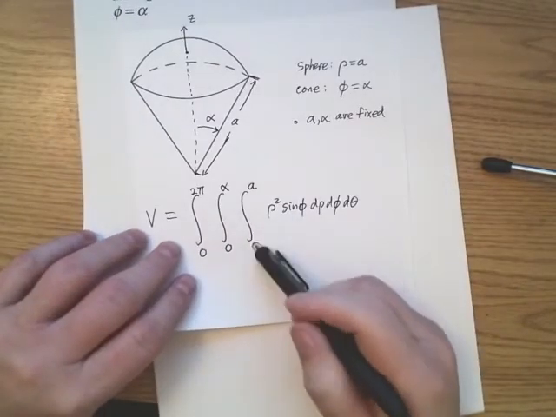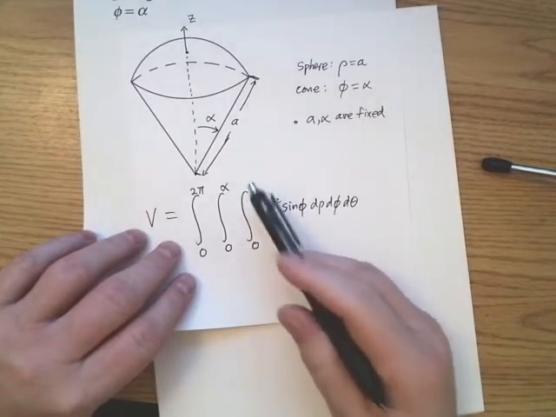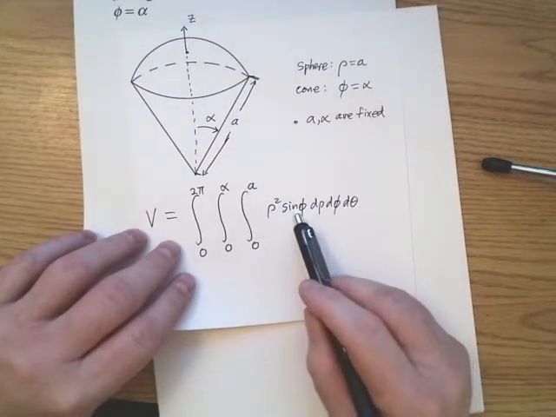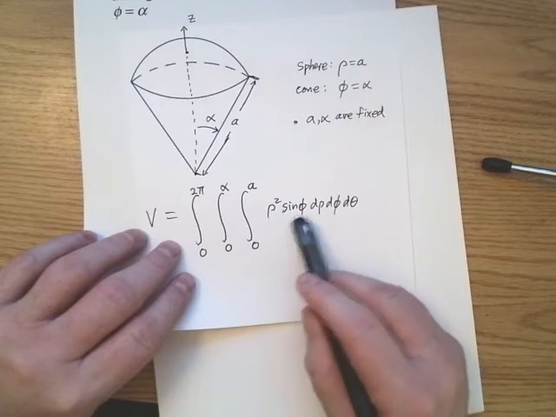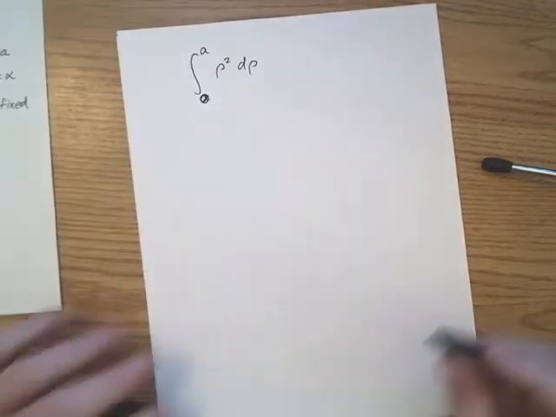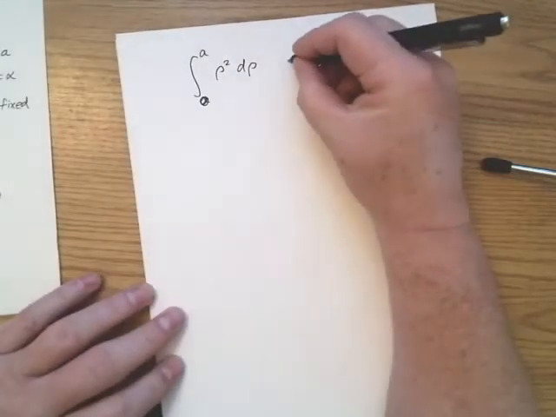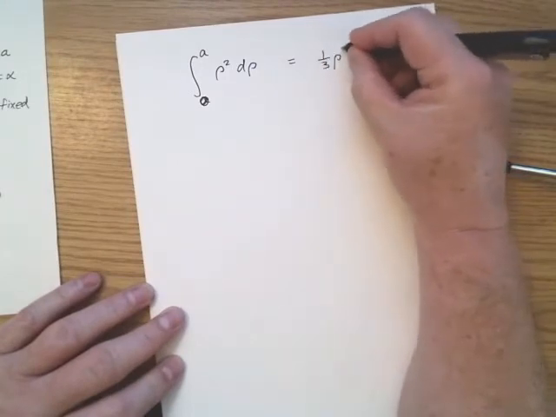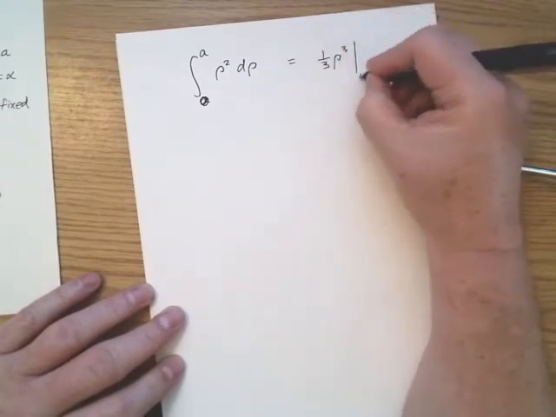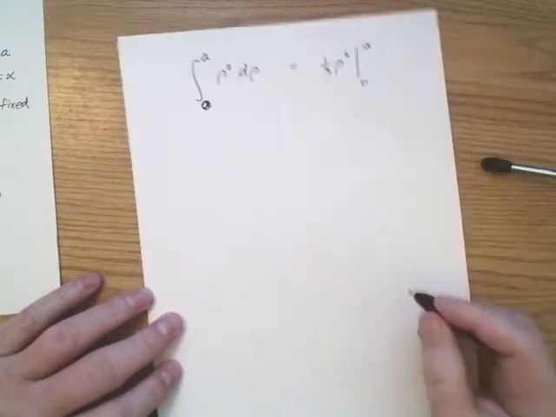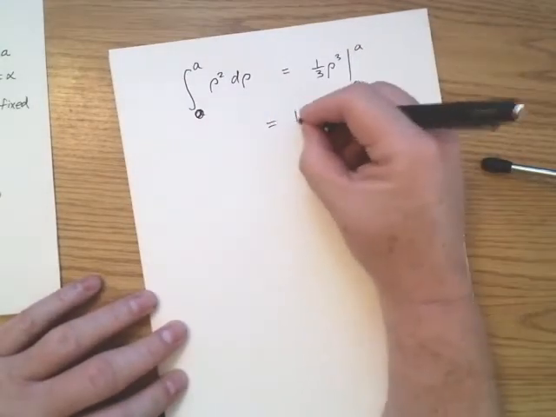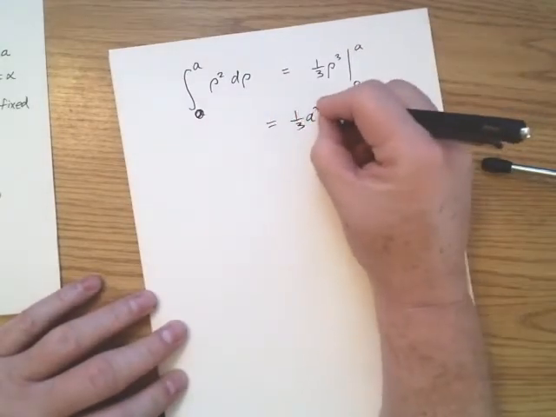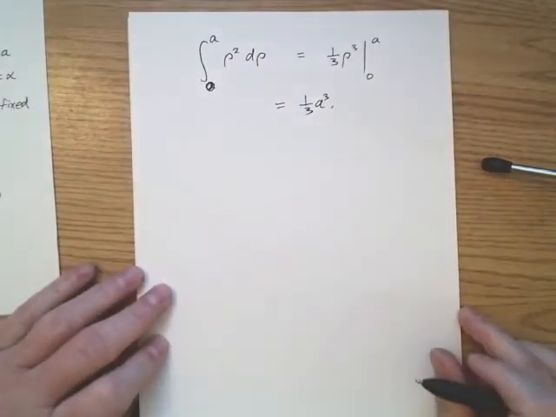Notice that once again I have no dependence with my limits of integration here on the integrand or phi, so I'm just going to integrate this. And what do we get? We get 1/3 rho cubed going from 0 to A. So that would be, you can do that in your head, that's 1/3 A cubed, isn't it?